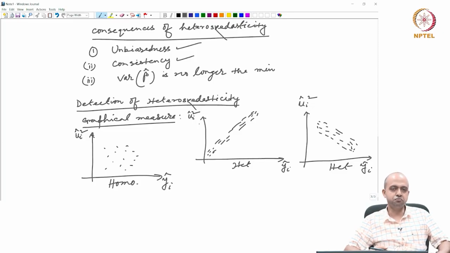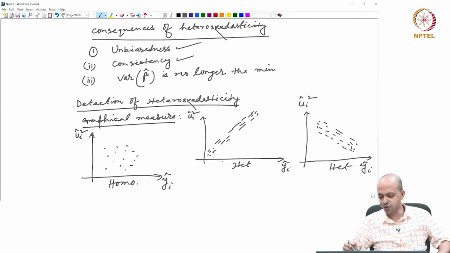Suppose you have 5 explanatory variables in the model and you are not sure which particular variable is showing heteroscedasticity. So, what you have to do? You have to plot this ui hat square against each and every explanatory variable. To solve that problem, econometricians suggest instead of plotting ui hat square on individual explanatory variables, what you do?